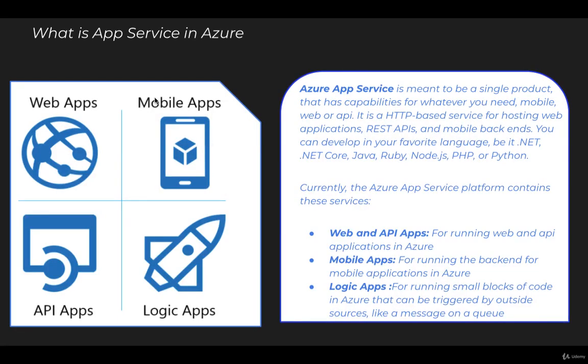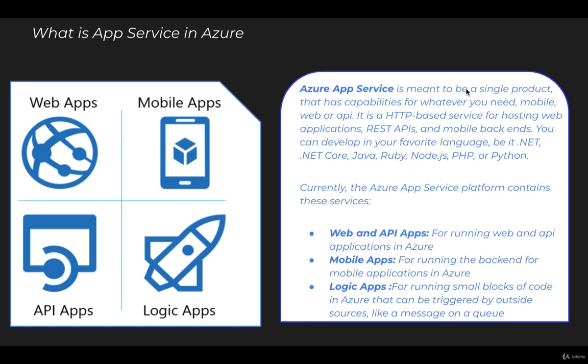So App Service, or Azure App Service, is a fully managed platform as a service, or PaaS, that integrates Microsoft Azure websites, mobile apps, API apps, and logic apps into a single service to which you can add new capabilities, with the help of which you'll be able to integrate with on-premise as well as cloud systems.